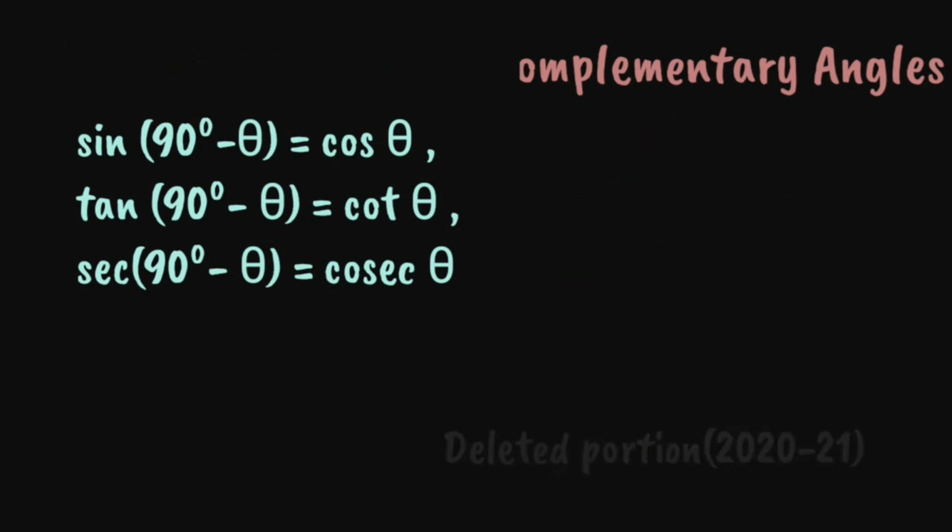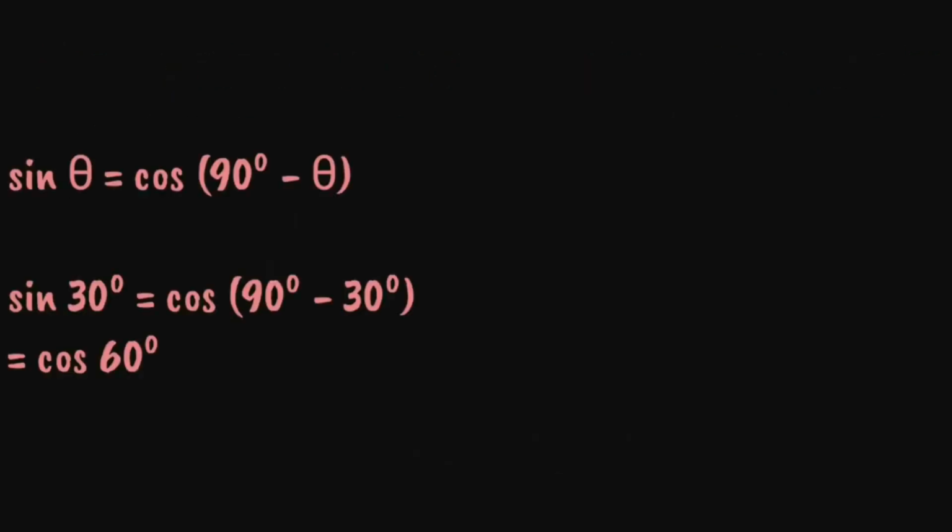Now let's check two examples. Since we know sin theta equal to cos 90 minus theta, just check what is sin 30 degree. Sin 30 degree can be written as cos 90 minus 30. What is 90 minus 30? It is 60.